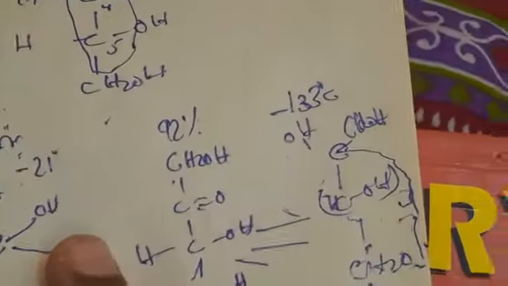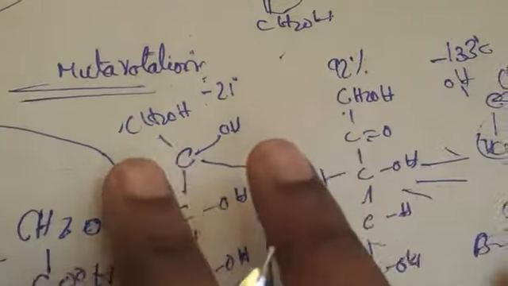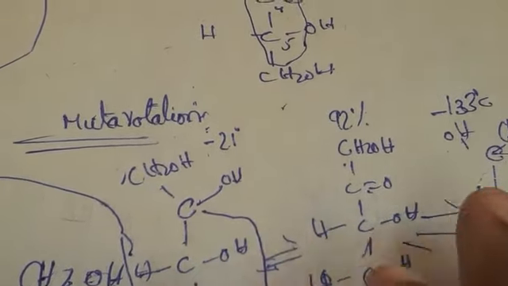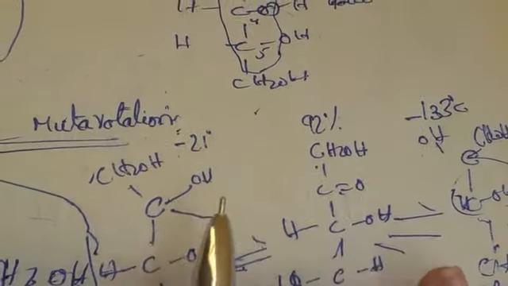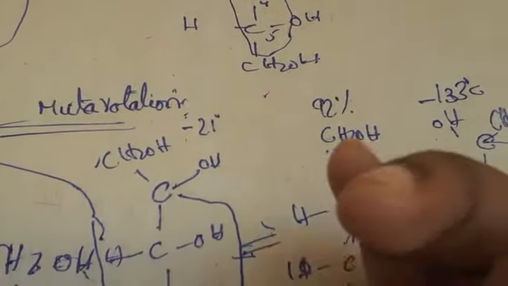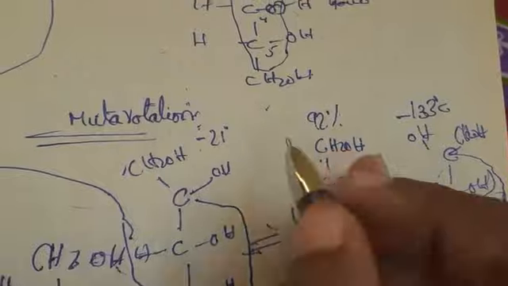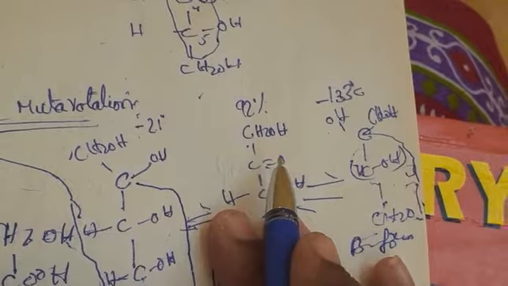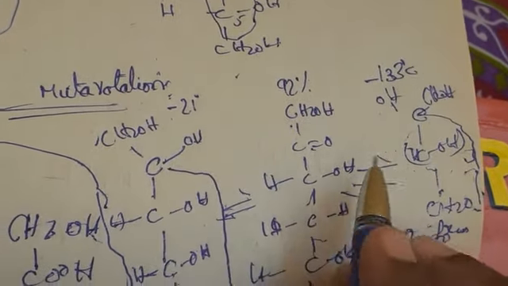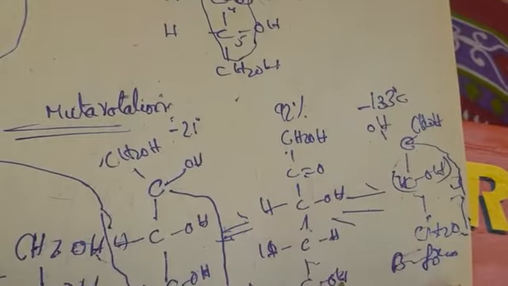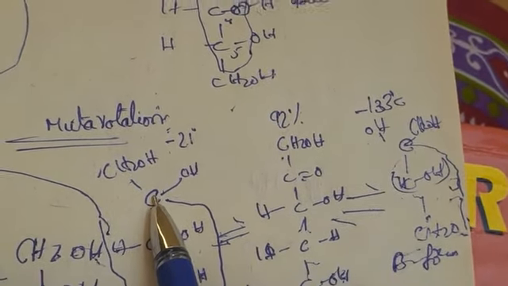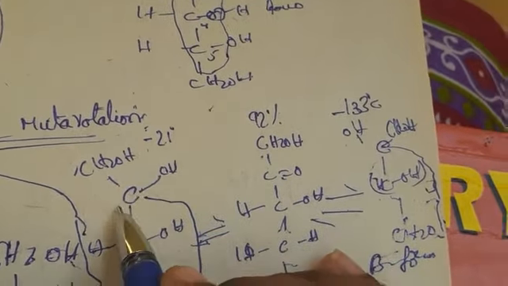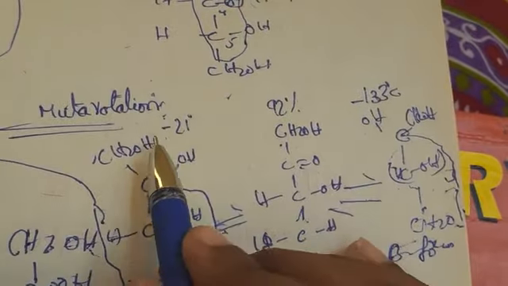So what happens here is, you take any of these forms, alpha form or beta form. When you dissolve it in water, in glucose the alpha form decreases and the beta form increases, but here the beta form decreases and it gives an equilibrium mixture and the alpha form rises.